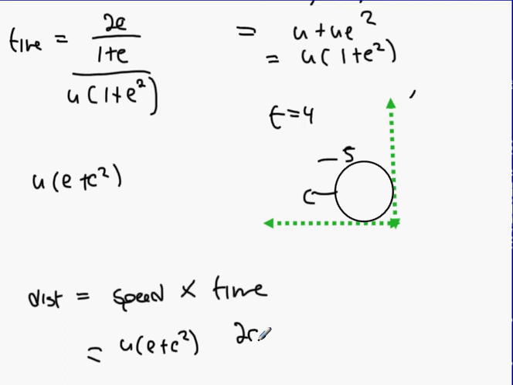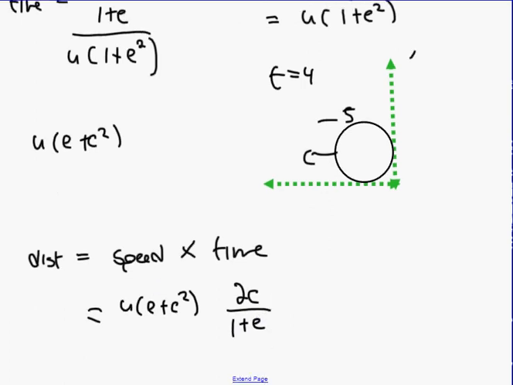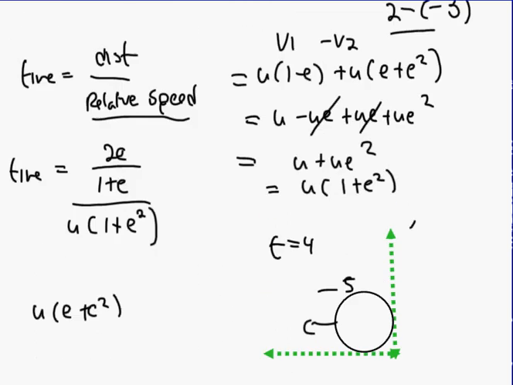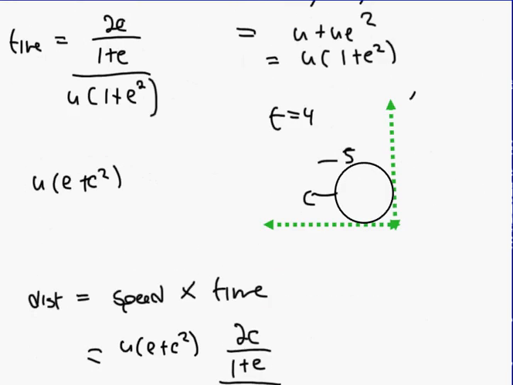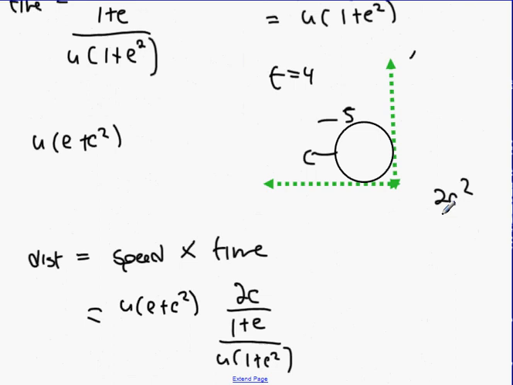It's going to be 2e over 1 plus e all over u into 1 plus e squared. Keep an eye on what you're meant to turn that into. You're meant to turn it into 2e squared all over 1 plus e squared. So that's what we have in mind when we're doing this.